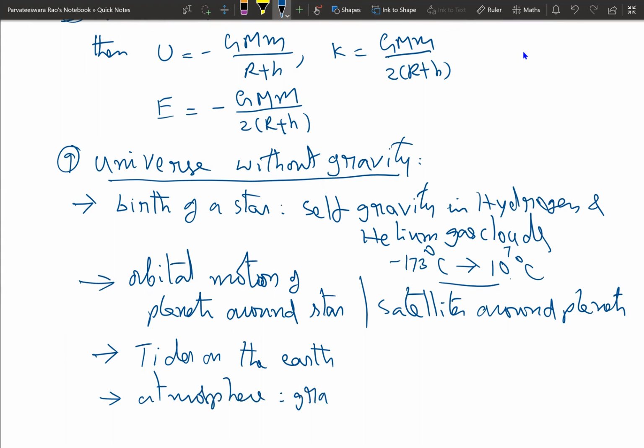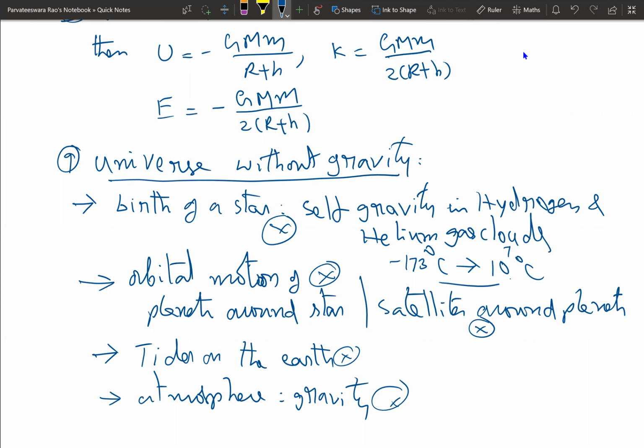So if gravity is not there, number one, star cannot be born. Second, no planets will be revolving around their parental stars. No satellites will be moving around the planets. No tides are there. No atmosphere will be there. Hence, life will not exist at all.